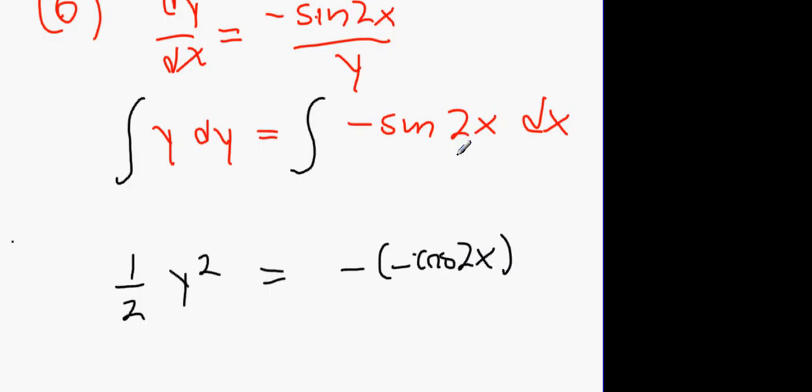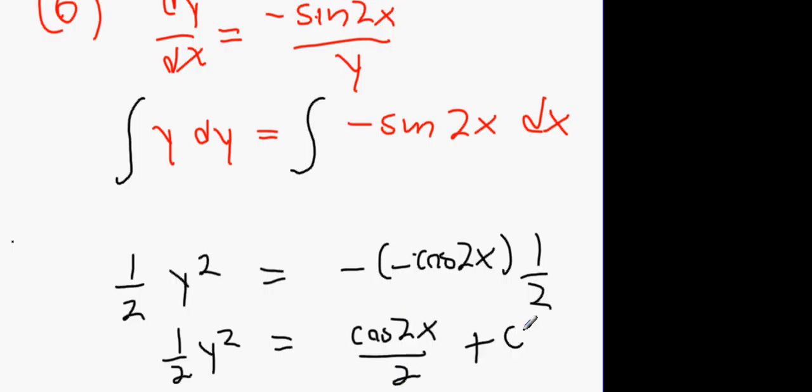And we're also forgetting that when you differentiate that, there's going to be an extra 2, so we have to half that. So what we're going to get is a half y squared equals cos 2x over 2. And don't forget your c value.